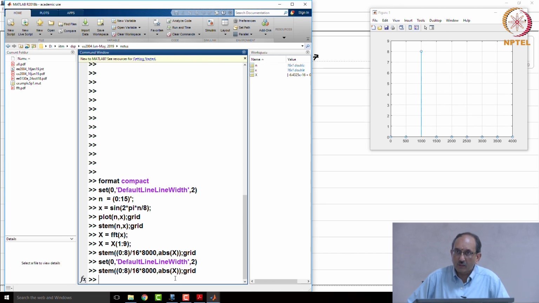And now let us look at the same thing, but now we will zero pad. And remember, if we zero pad, that is equivalent to taking more samples of the DTFT.